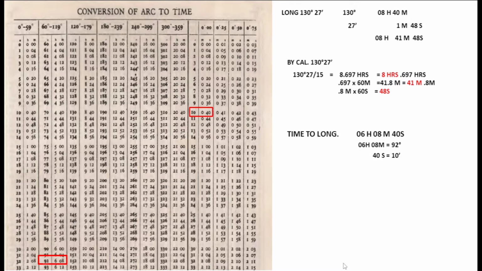So my longitude is 92 degrees 10 minutes. This is how you convert longitude to time and time into longitude, which will be required later. If you had to do it with the calculator, you multiply the hours by 15, minutes by 15, seconds by 15, and so on, and you get your answer.